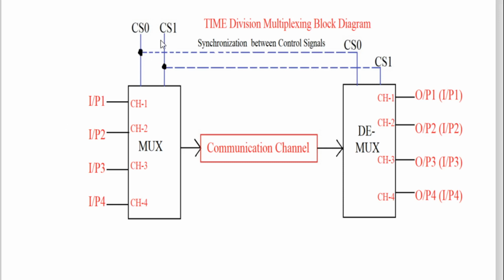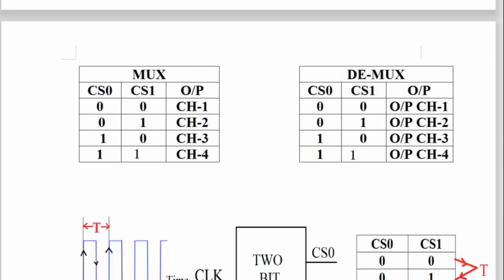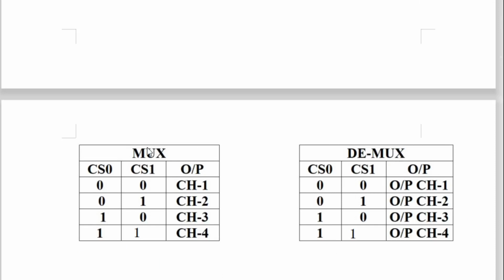Here you can understand that these control signals are incremented from 0 0 to 0 1, 1 0 and 1 1. It means, if you apply the logic, these two control signals are nothing but the output of a 2-bit counter. First of all, study this multiplexer's control signal 0 and control signal 1.